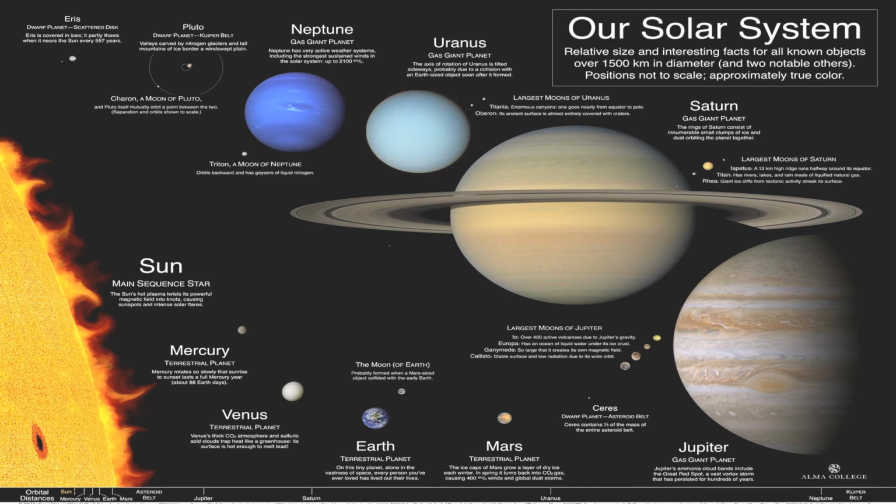And then you'll see Uranus, Neptune, and obviously Neptune's moon, Triton. Then Pluto, and then all the way out here, you'll see Eris. Okay? So there is so much potential that we don't know about space.